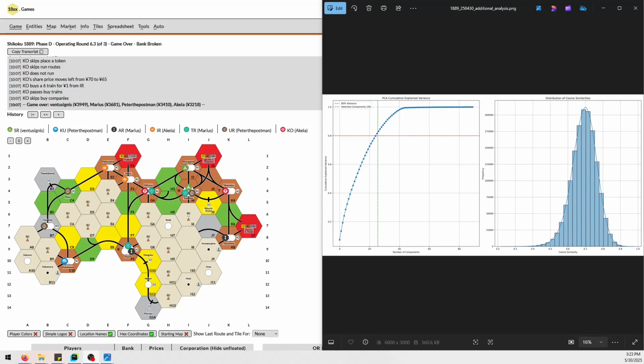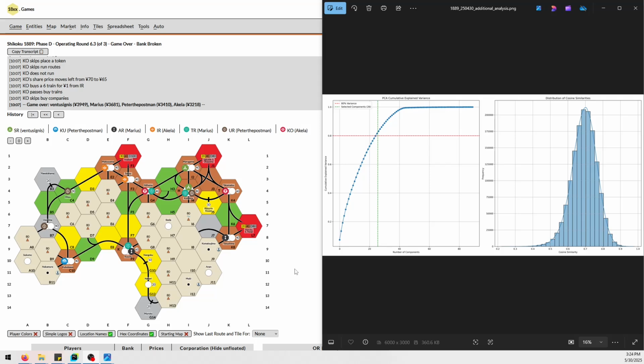In order to look at the cluster analysis, we went back to the vector of hex positions and tiles and rotations on each hex. And we basically looked at creating a vector that contained all that data and then performed a principal component analysis to see which aspects of that vector were most important, and then did the rest of the analysis using that subset of the vector.